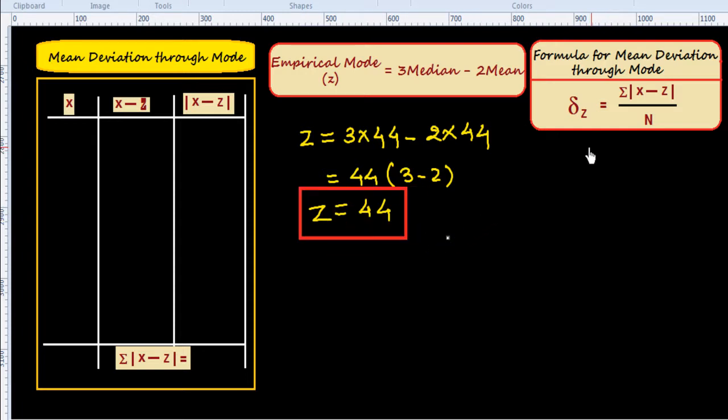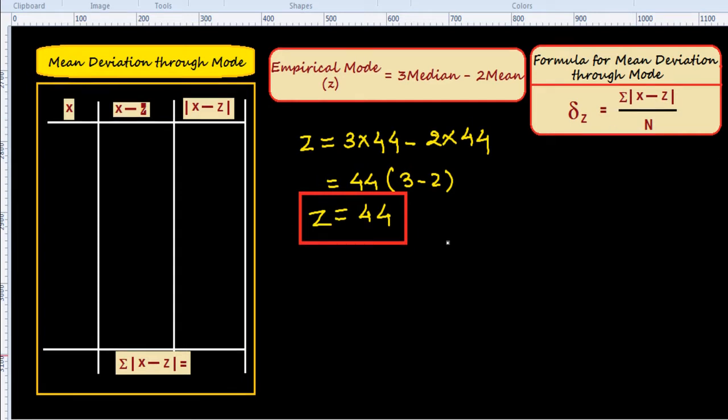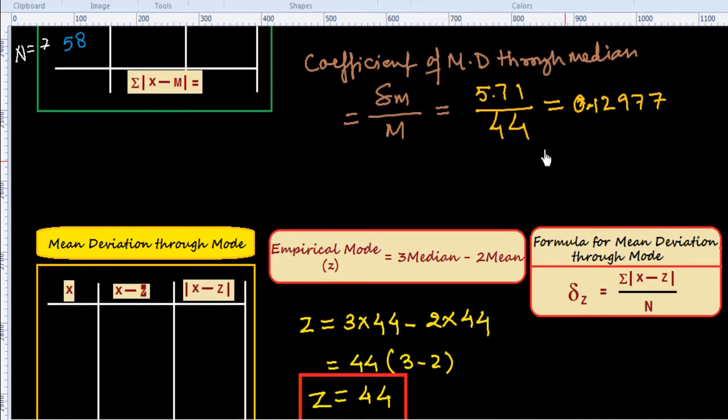If we take the deviation from mod, we get the same value 5.71, and the coefficient of mean deviation through mod, we get the same value as we are looking at here. The same value, 0.12977, we get for all.